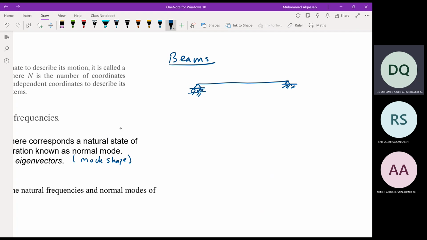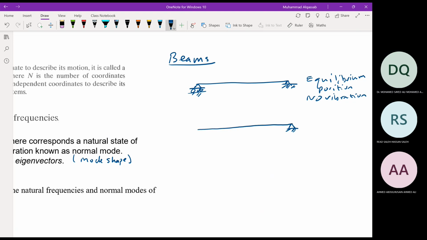First mode, this is, let's say, the equilibrium. This line is the equilibrium position. No vibration here. And it can vibrate as a first mode. It means that the whole beam will go above the equilibrium line or below the equilibrium line.